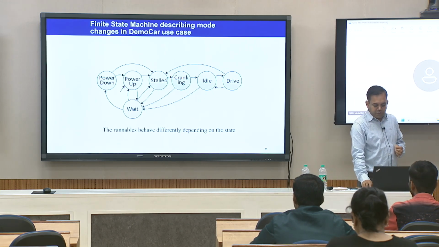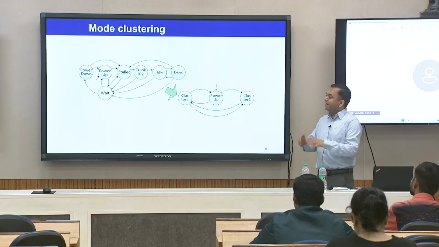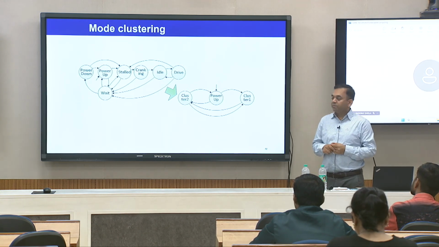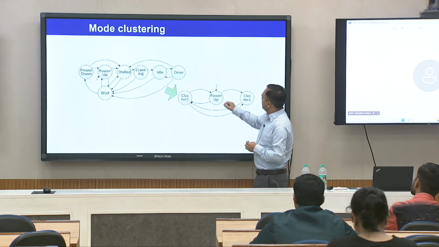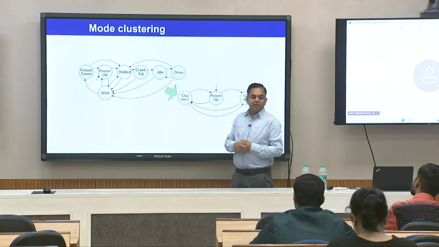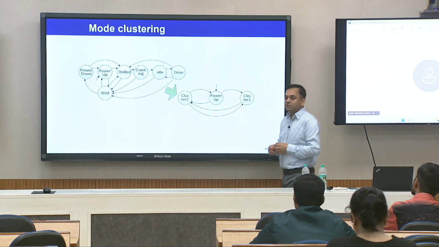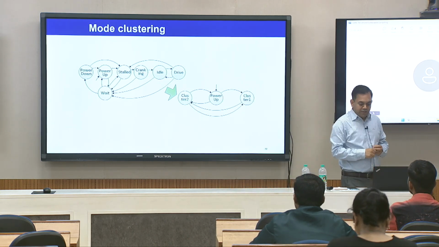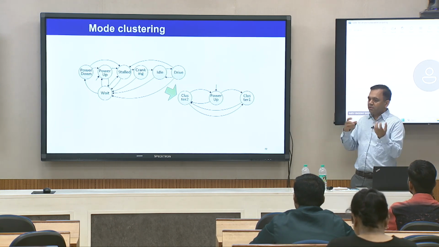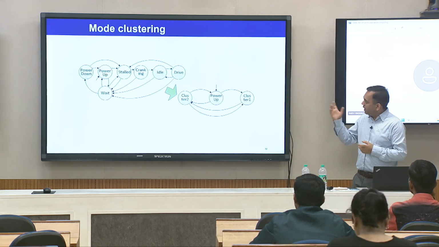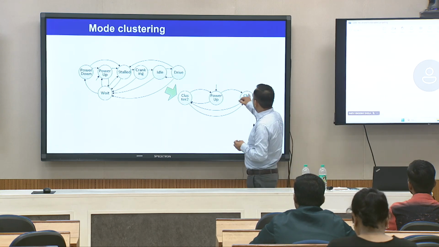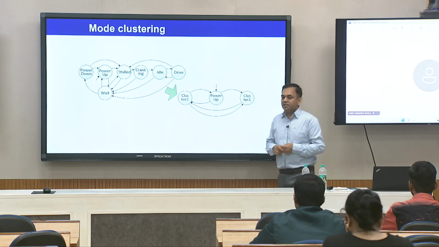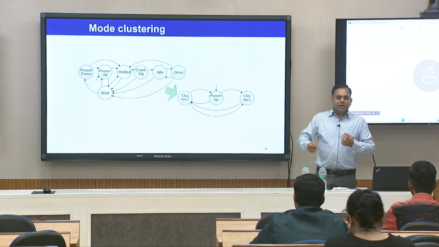So some companies propose that we can cluster some of the modes. Power up is there, and some modes can be clustered into cluster 2 and some into cluster 1. The reason is that then you don't need that much switching. Also, the modes in one cluster are more or less similar.